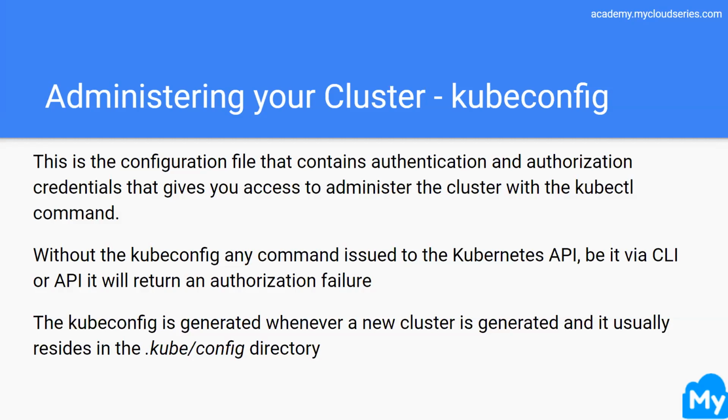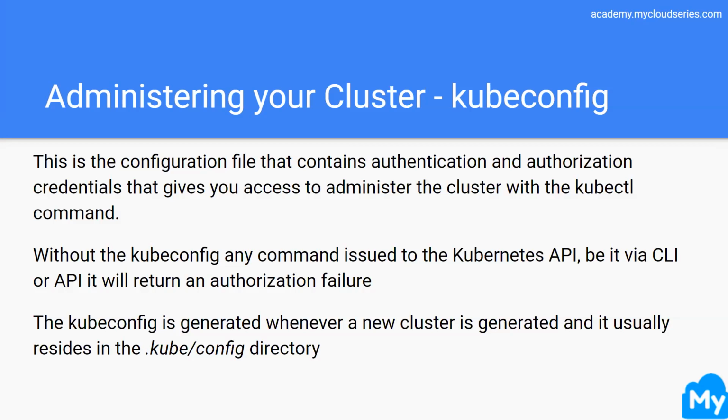And the kubectl command automatically fetches that configuration from this directory to be able to communicate with the cluster. If anything is missing in that file or anything is wrongly written, it's going to give you an authorization failure. So this is more or less the username and password that gives you access to communicate and send requests to the Kubernetes cluster.